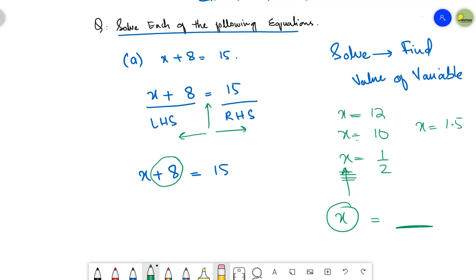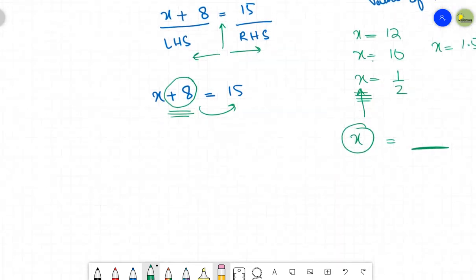What you need to do in order to solve the equation, you have to shift this value to the other side. We can move one value to the other side, the opposite side of the equation. But there is a rule for that. I want you to write this rule. There is a rule to shift any value in the equation.